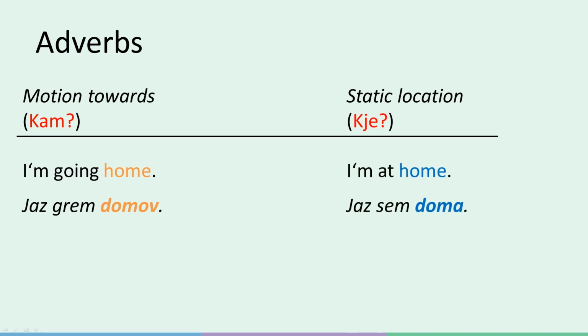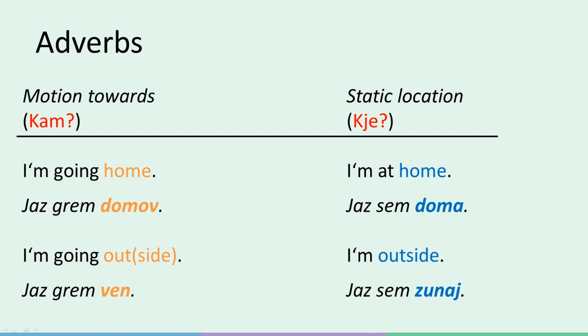However, I'm at home is "jaz sem doma", the home in at home being doma. So it's kam domov and kje doma. Similarly, I'm going out is "jaz grem ven". But I'm outside is "jaz sem zunaj". So it's kam ven and kje zunaj.